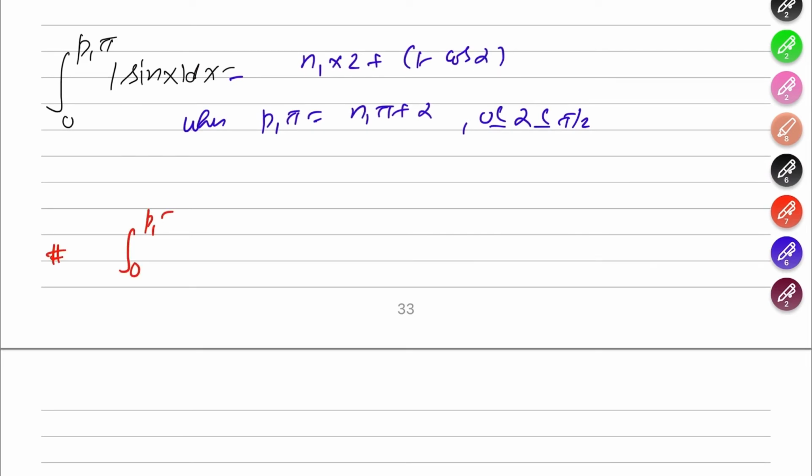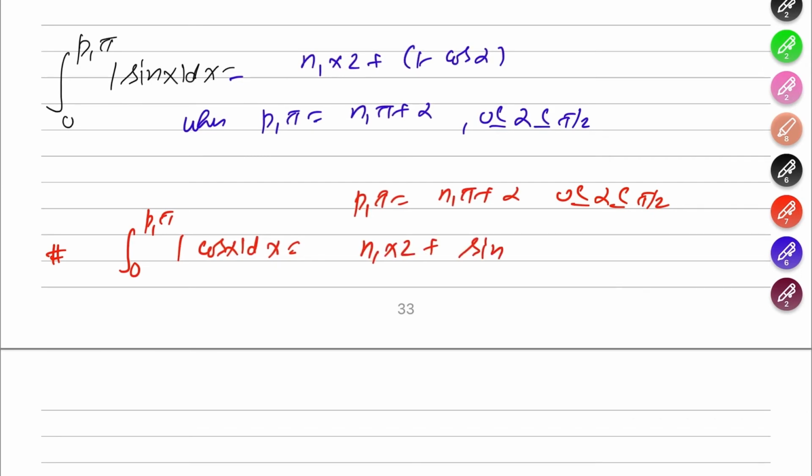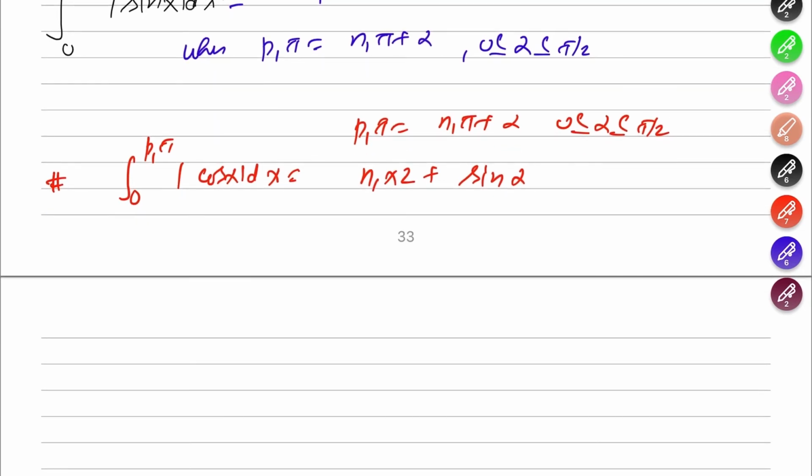Okay, similarly we can prove it for cos x. Let's quickly prove that the integral from 0 to p1 pi of mod of cos x dx, where p1 pi is written as n1 pi plus alpha and alpha is from 0 to pi by 2, is n1 into 2 plus sine alpha.